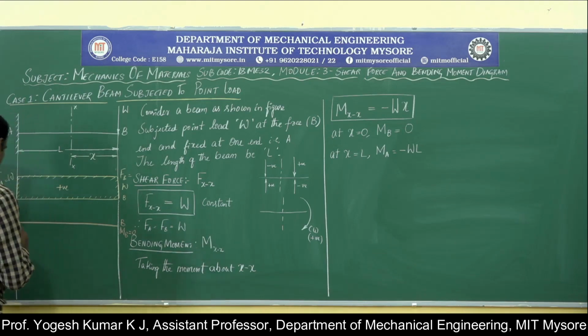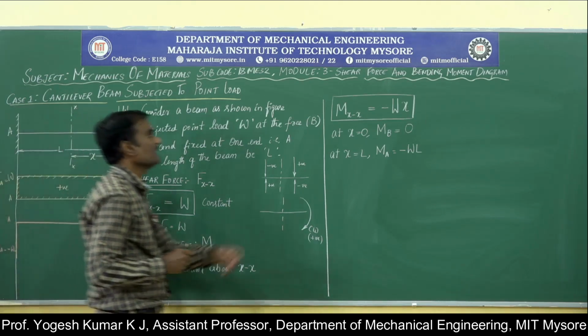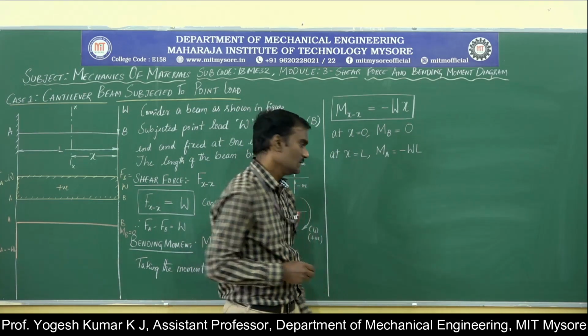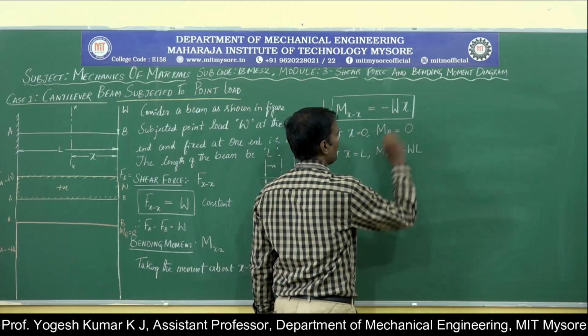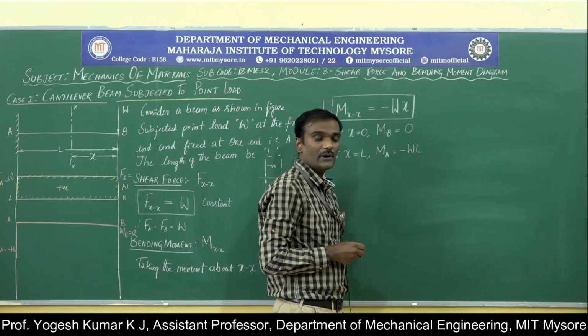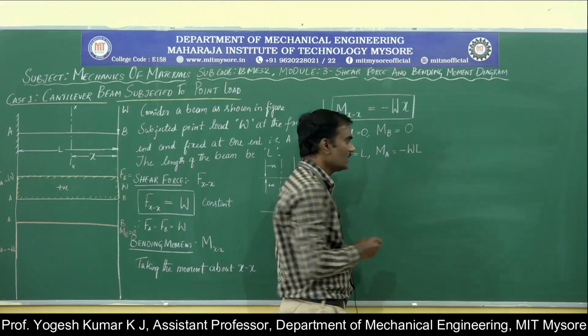Now observe the equation Mxx. It is minus Wx. That means it is a variable. How is it going to vary? It is a linear variable. How can we say it is linear?